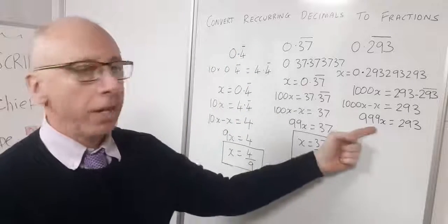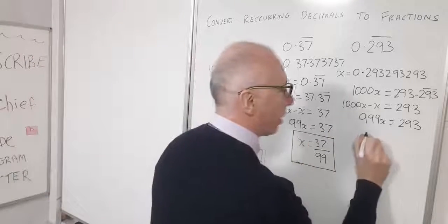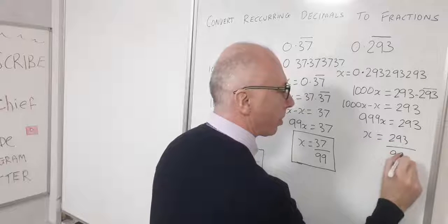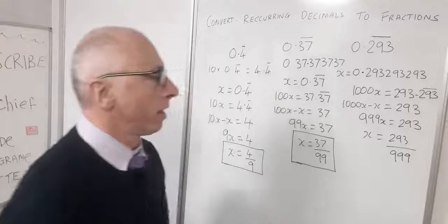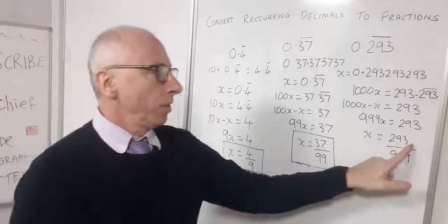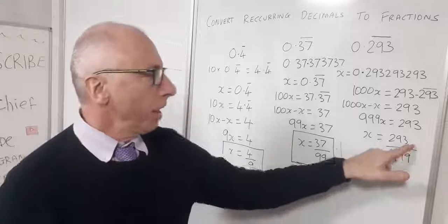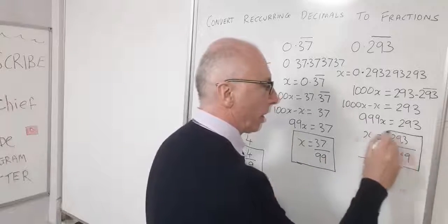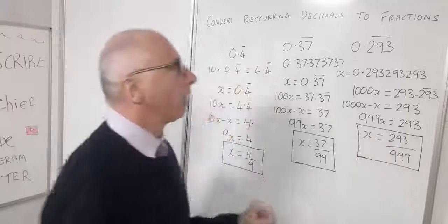So now divide by 999. So x equals 293 over 999. Can we simplify this any more? 293 is a prime number, so we'll leave it at that. So that's going to be my final answer. Okay.